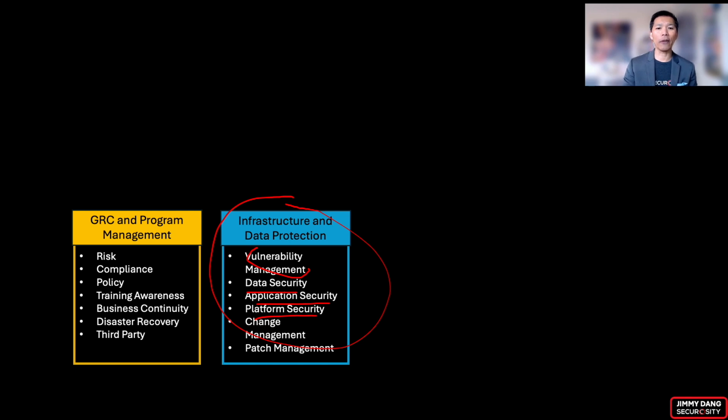And finally, we have here the change management and patch management process in place to manage any type of changes or patches to IT systems and infrastructure in a controlled and systematic manner to minimize disruption and ensure security and compliance.